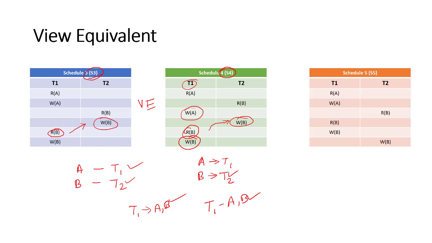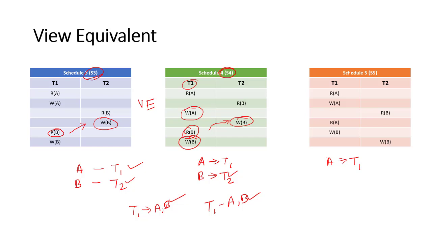Now what about schedule 5? In schedule 5, with data items A and B, you can see that all the 3 schedules have the same transactions with the same set of operations. Now the initial value of data item A is read by transaction 1, right?